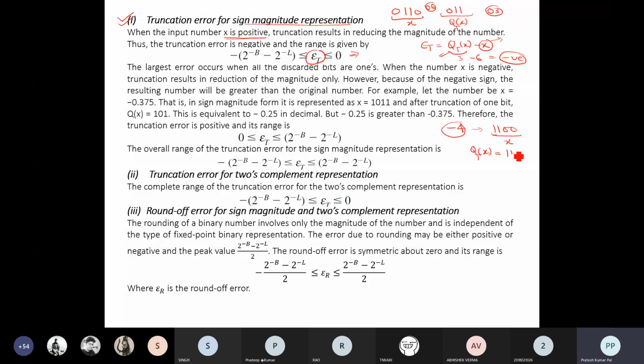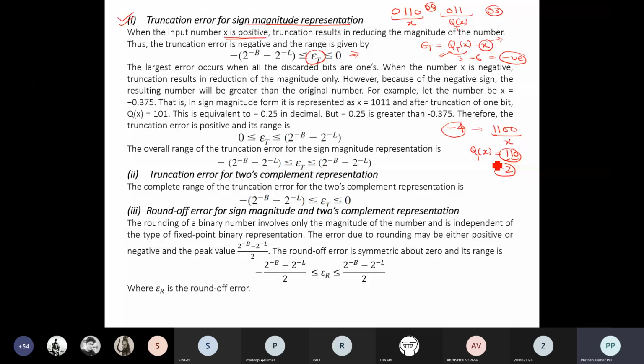Similarly, after quantization, this will be 1, and the 2 bits represent the magnitude, so it will be 2. After quantization it is minus 2. So minus 2 is higher than minus 4.